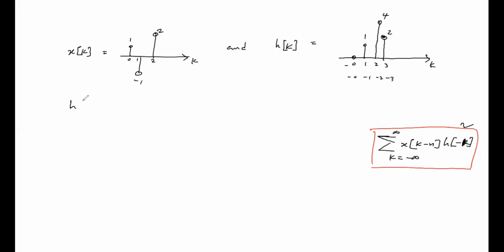So h of minus k will now give us 0 for 0, negative 1. This is 4. This is 1. Negative 2. This is 2. Negative 3.